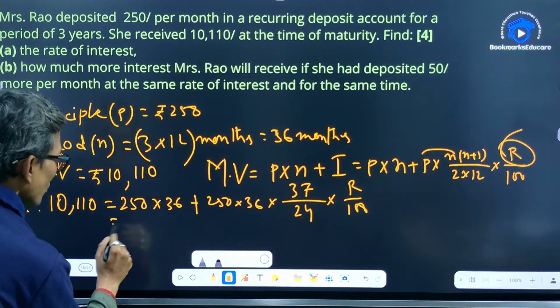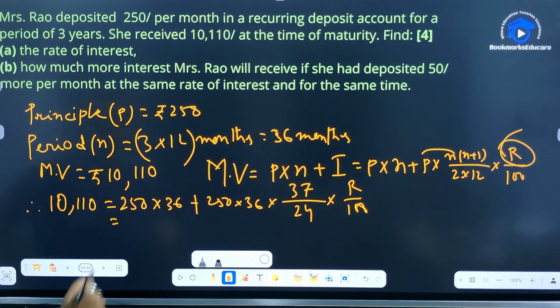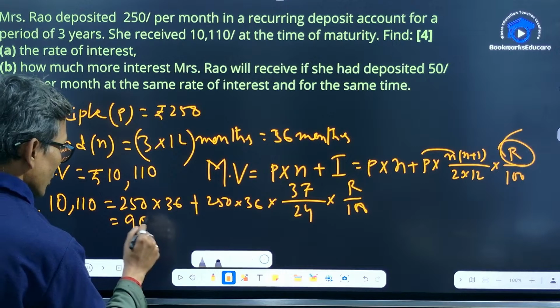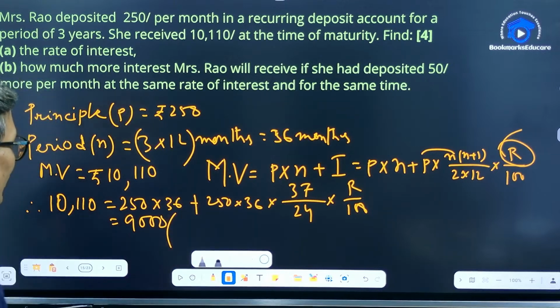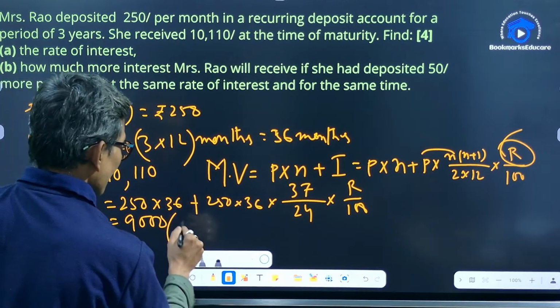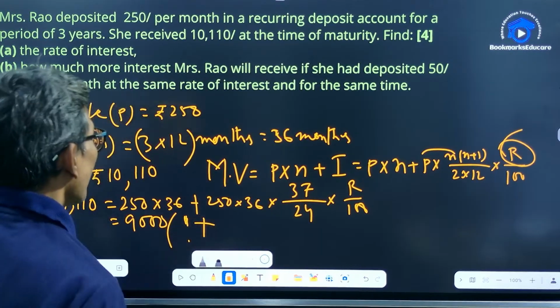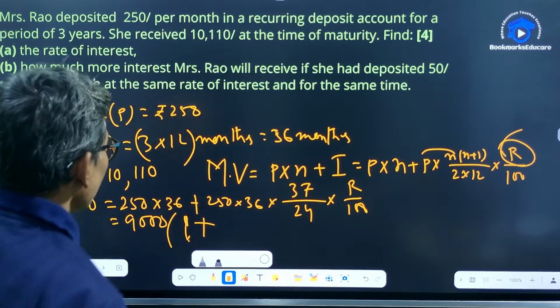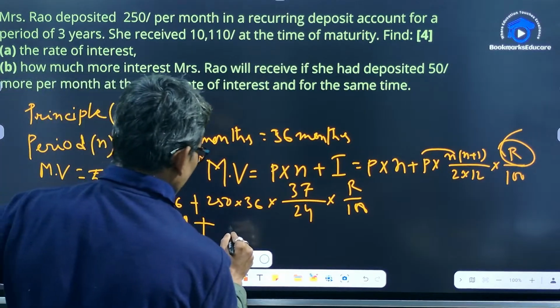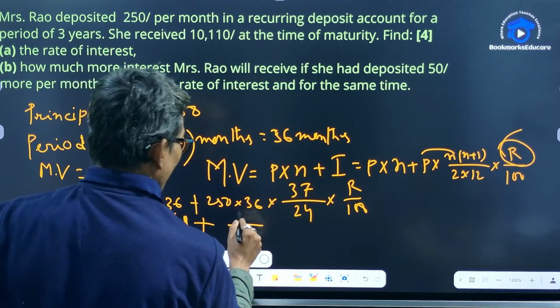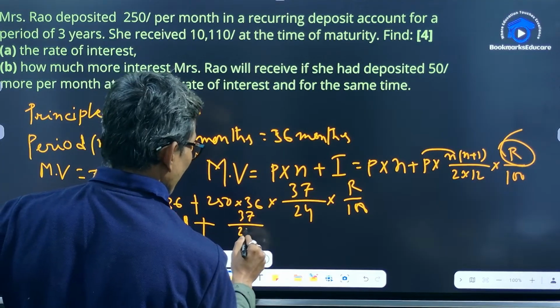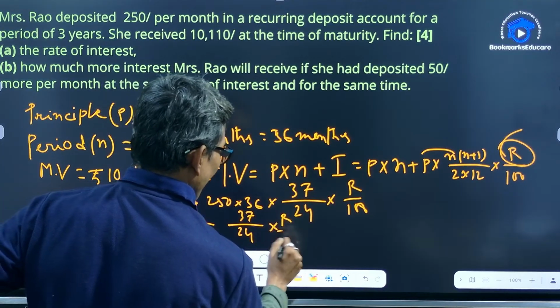So 250 into 36 is 9,000, and 9,000 is taken common. So 1 plus 37 by 24 into R by 100.